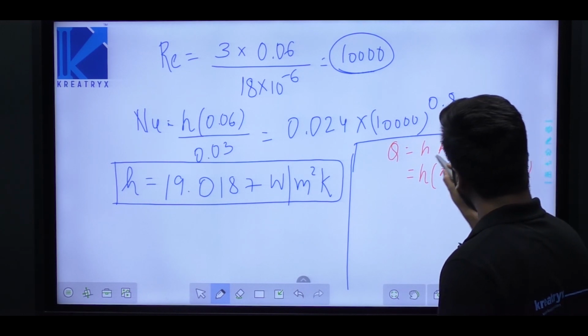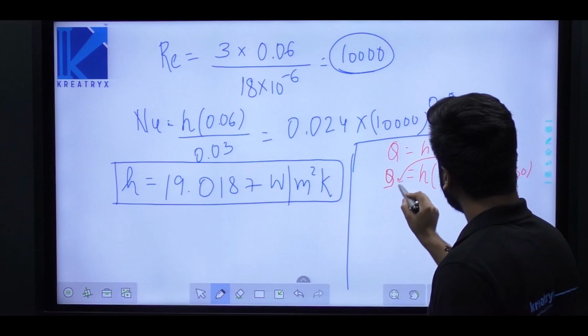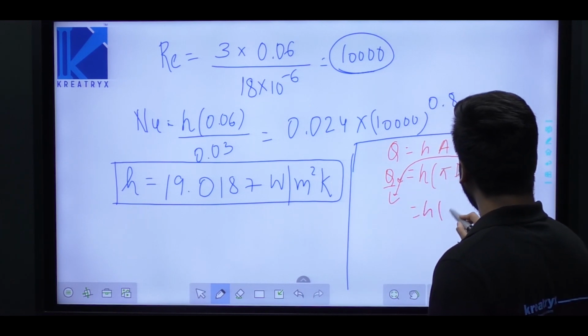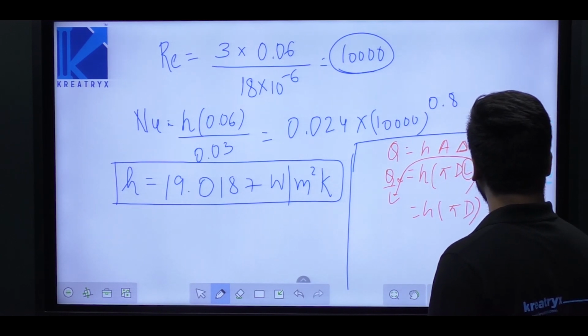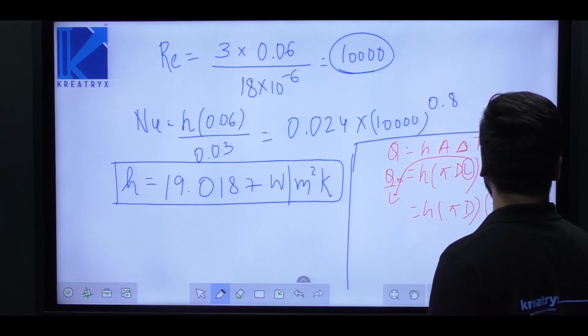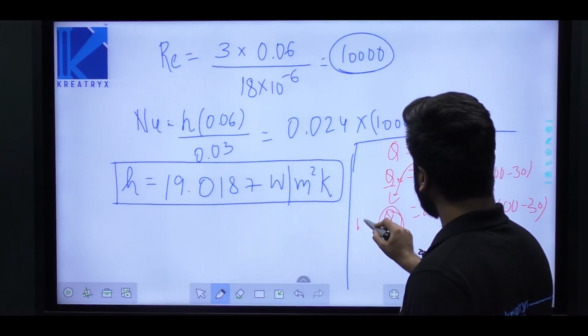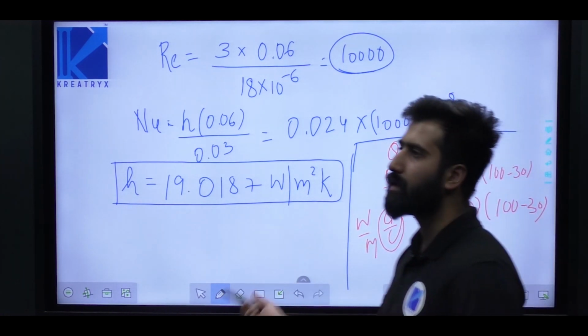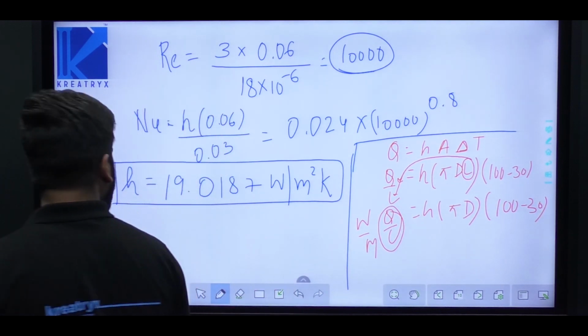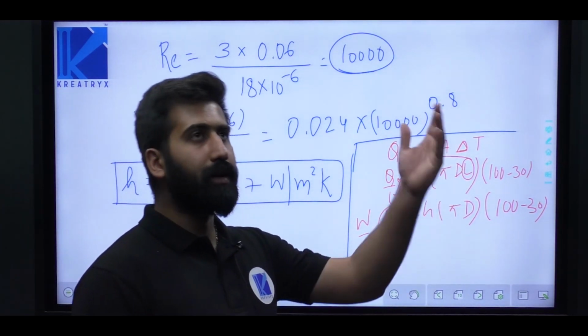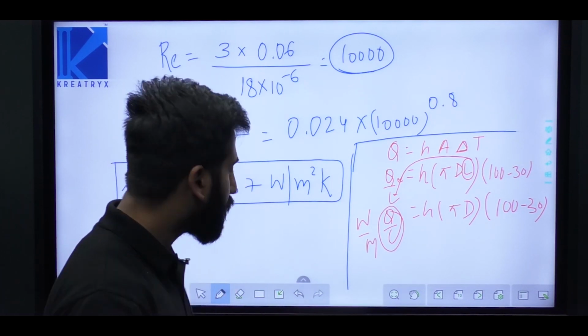Take this L below this Q. This will be h pi D times 100 minus 30, that is 70. So Q by L is in watt per meter. Solve this and get the answer. Very easy question, and many students will look at the question and leave it without even reading it.